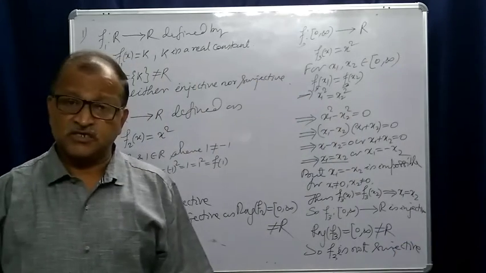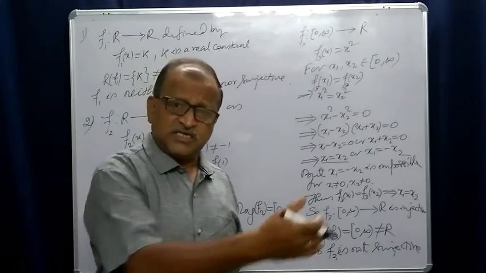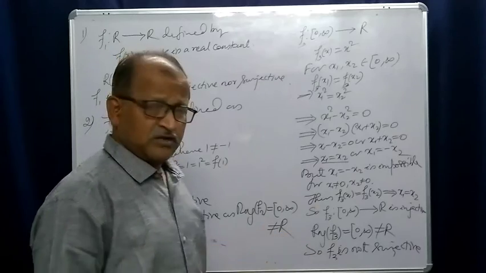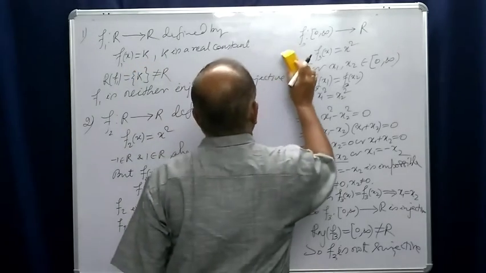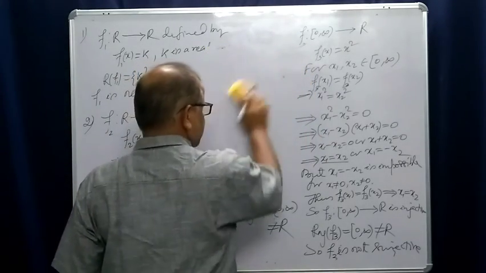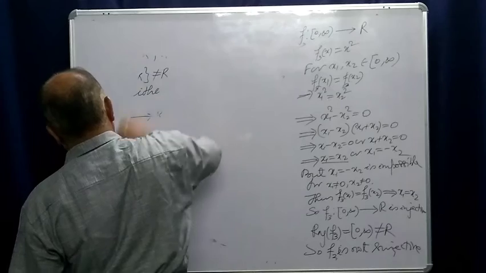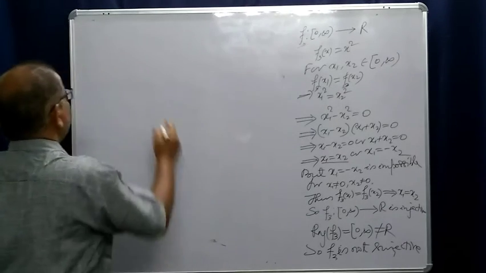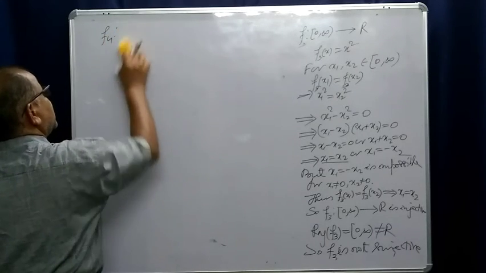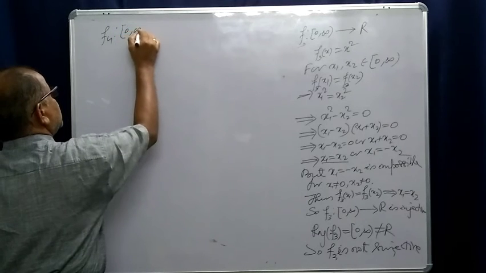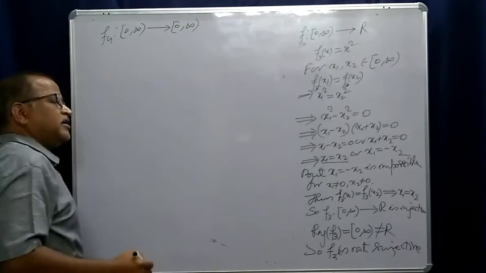So if we again change the domain and codomain, if we restrict the domain as well as the codomain, suppose I take f4 from 0 to infinity to 0 to infinity, right?